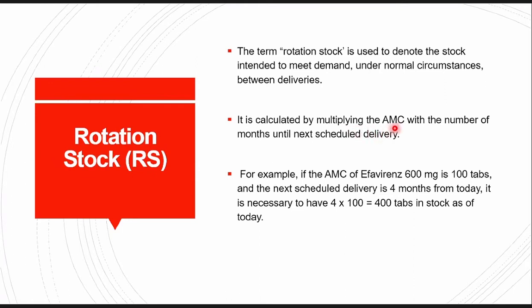It's calculated by multiplying the average monthly consumption by the number of months until your next delivery. This is illustrated in this example. You have 500 milligram tablets, a tin of 100 tablets. If the next delivery is in 4 months, you need to multiply 4 by 100 tablets to arrive at the rotation stock.